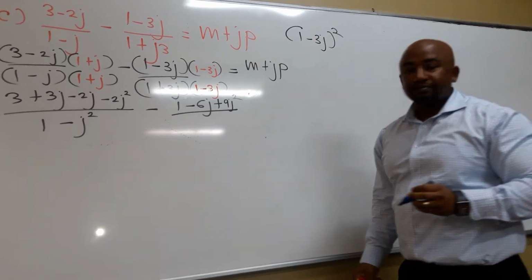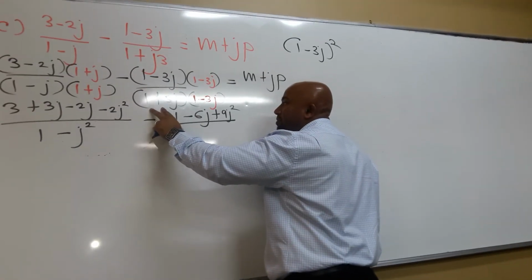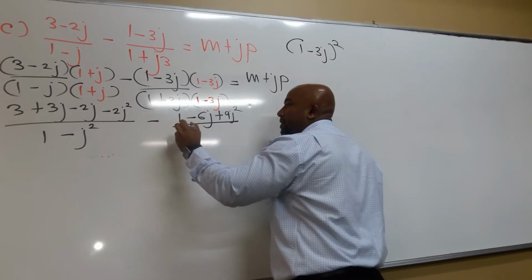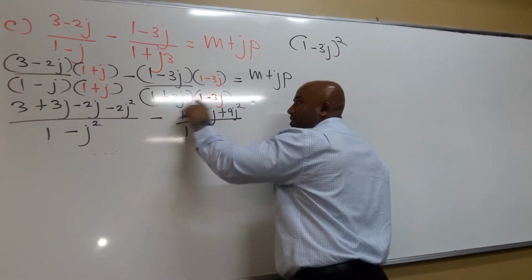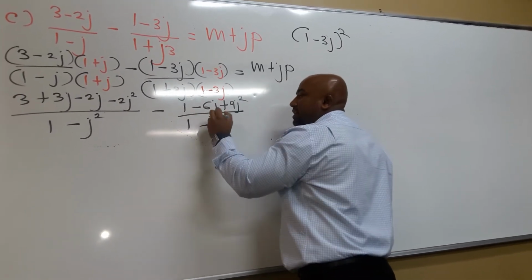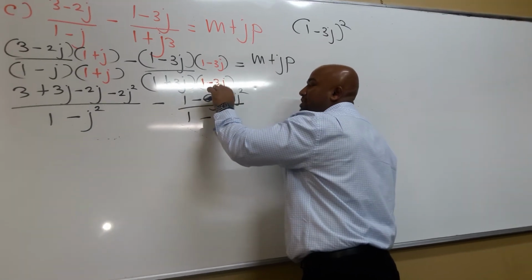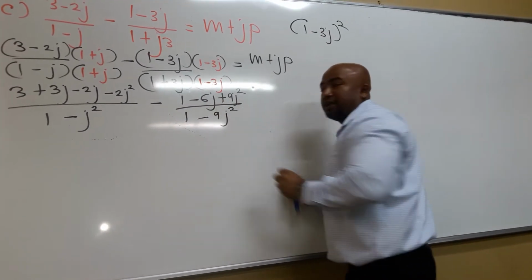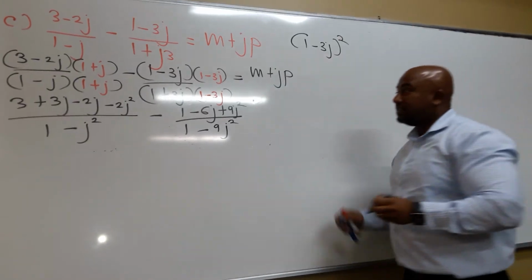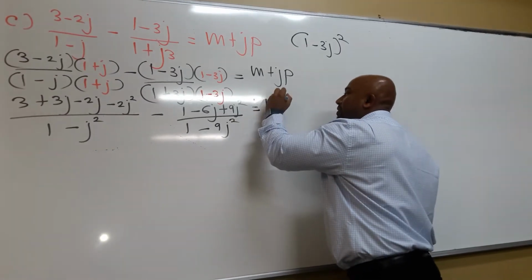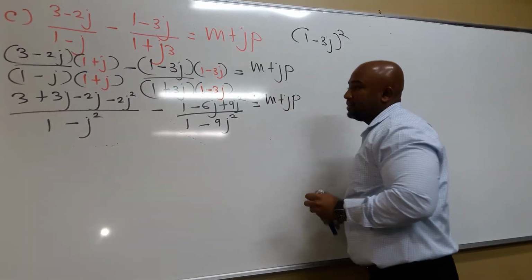Can you see that? In the bottom, it's a difference of two squares, so that will be 1, it will always be a negative, 3 times 3 is 9, and j times j is j squared. You're clear with that? Which is equal to m plus jp there.